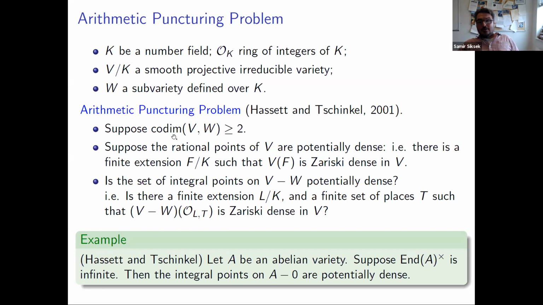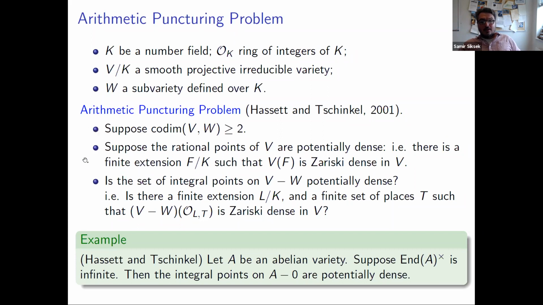But also, think about the example of an elliptic curve minus a point. The set of rational points is potentially dense, you just go up to an extension where the Mordell-Weil rank is positive. But if you remove one point, so that's something of codimension 1, then you have finitely many integral points, no matter what extension you take.